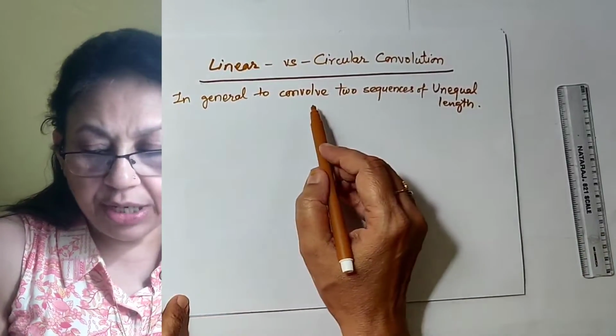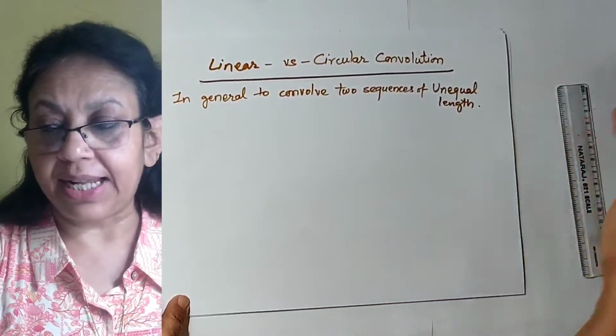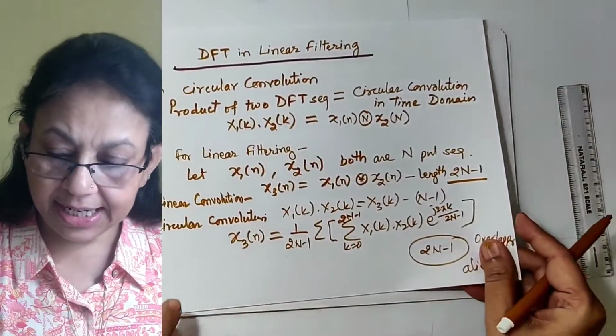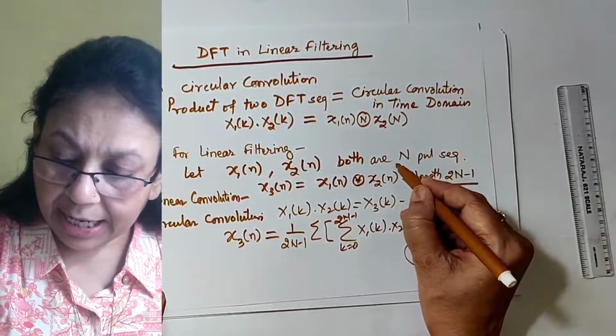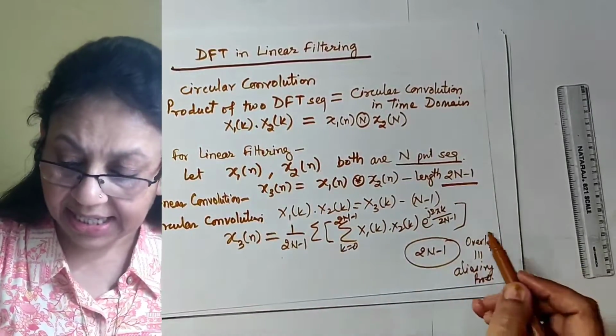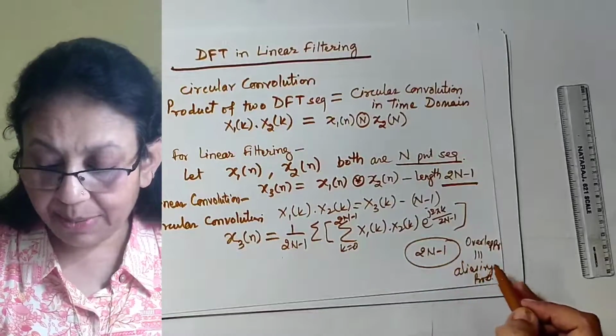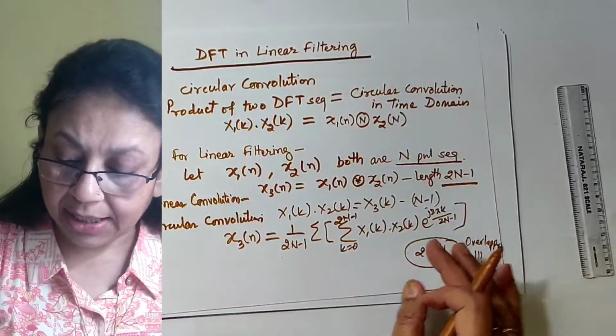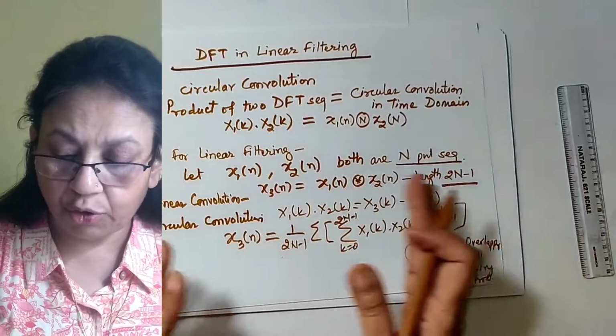So in general, what we have discussed here is that both are N-point sequences and we have considered equal length of two sequences. So there will be 2N minus 1 which is not acceptable. So no use of circular convolution with this value.